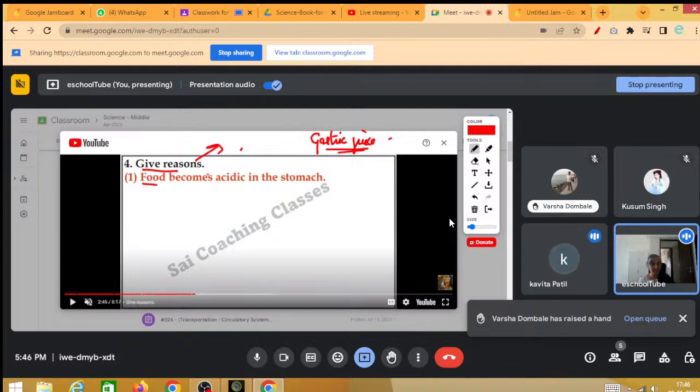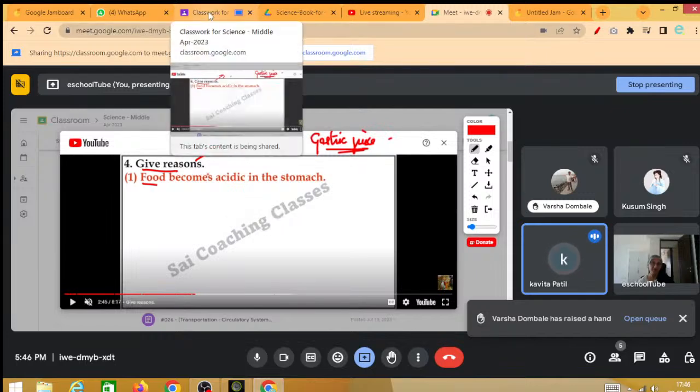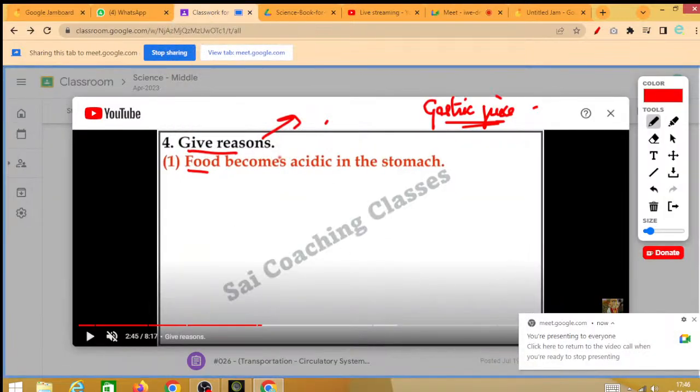It becomes acidic in the stomach because of the presence of hydrochloric acid. When the food reaches the stomach, it gets mixed with the hydrochloric acid present there. One sentence is enough: in the stomach, the gastric juice contains hydrochloric acid. This hydrochloric acid mixes with the food and makes it acidic.